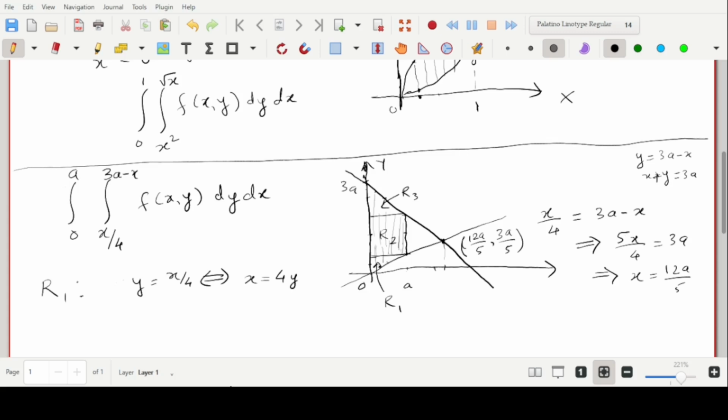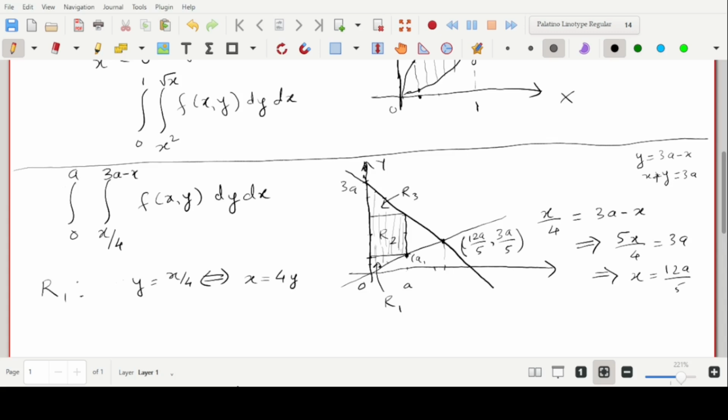So to compute the limits of the integral for this triangle R1, observe that the x coordinate of this point is a, and it lies on the line y equal to x over 4.